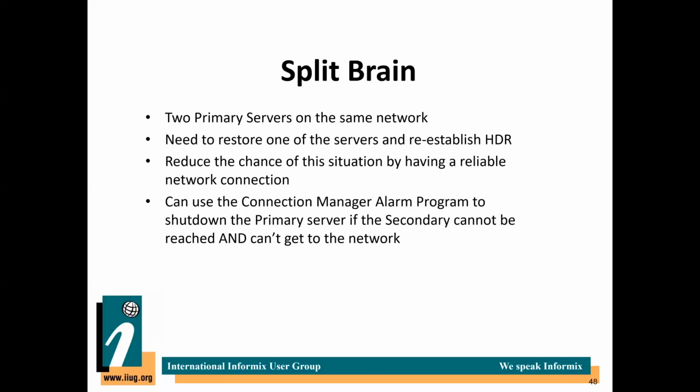Split brain, just real quick on that. If you're using HDR and you do a failover, your old primary server comes back up, it'll see there's a new primary server and not actually come all the way up and go back down. That way, it'll keep a consistent log chain.